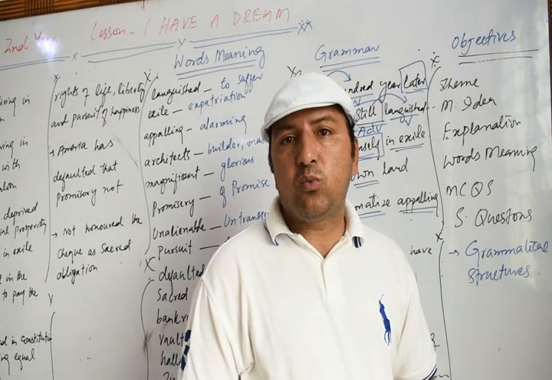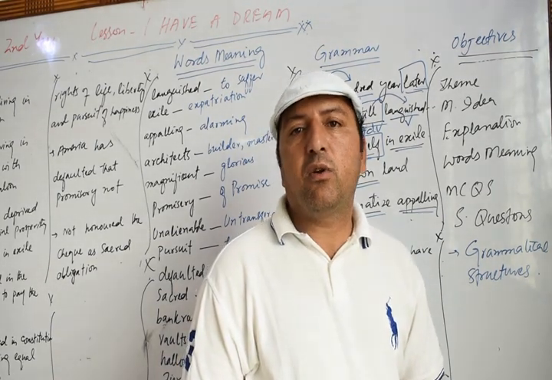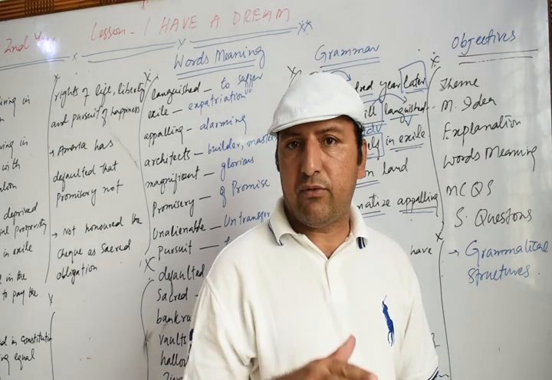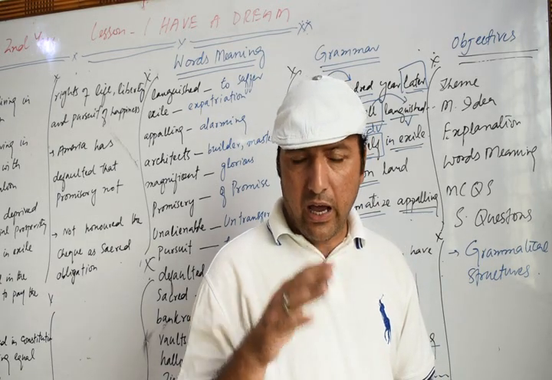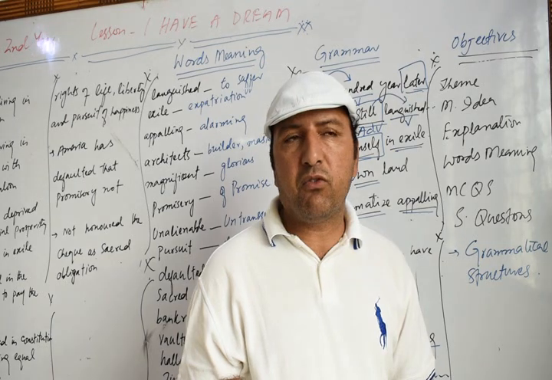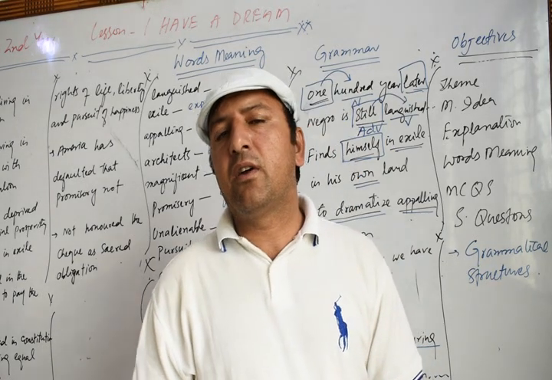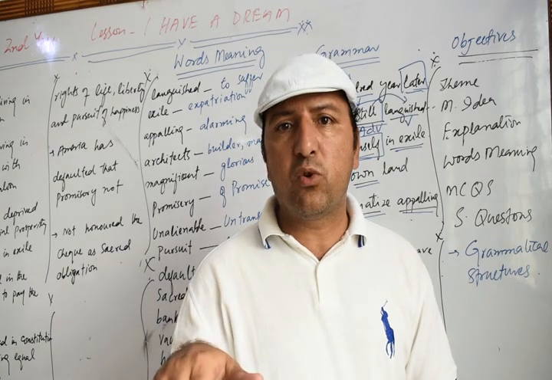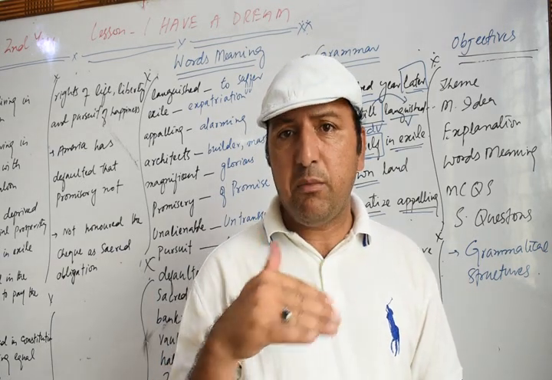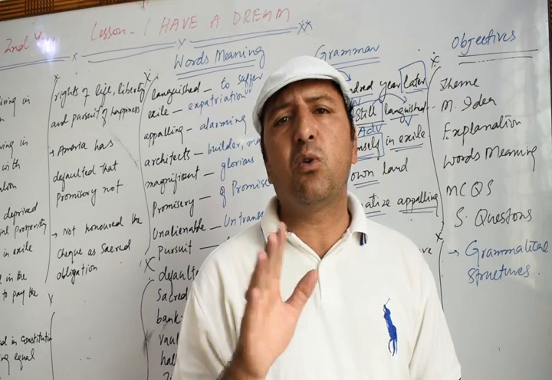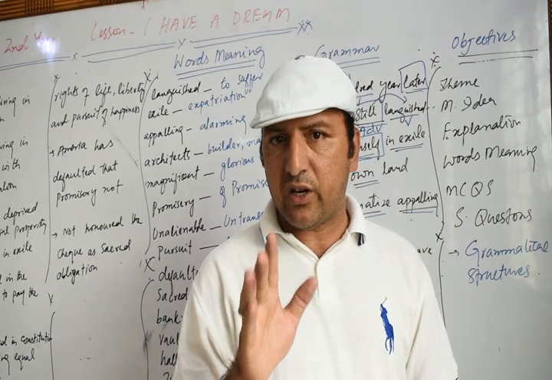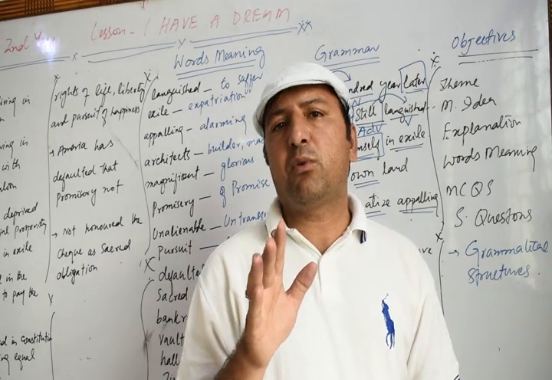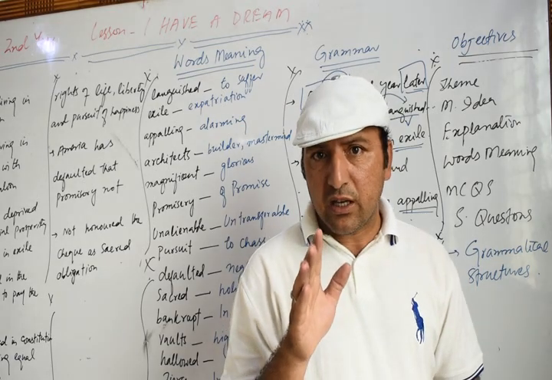Here, himself is working as an emphatic pronoun because it is used for emphasis. We can remove an emphatic pronoun. For example, we say he himself killed a lion, so we can say he killed a lion. Himself can be removed. So if himself can be removed over here, it means it is only used for the sake of emphasis or stress. So that is an emphatic pronoun. Himself has been used as an emphatic pronoun.